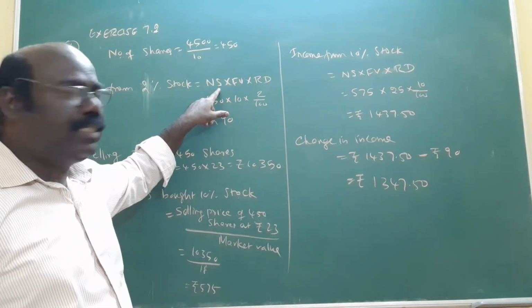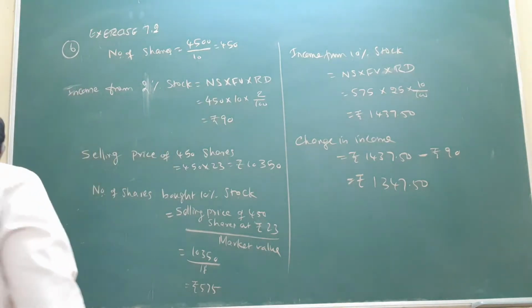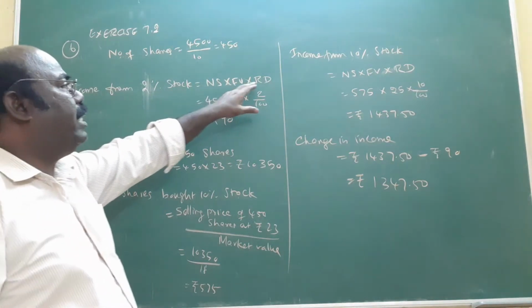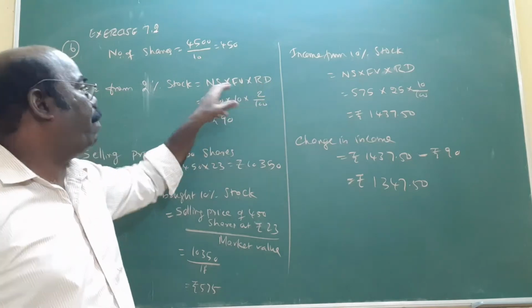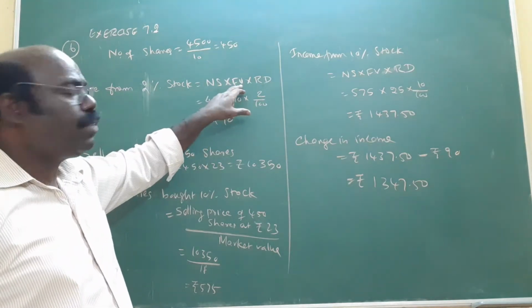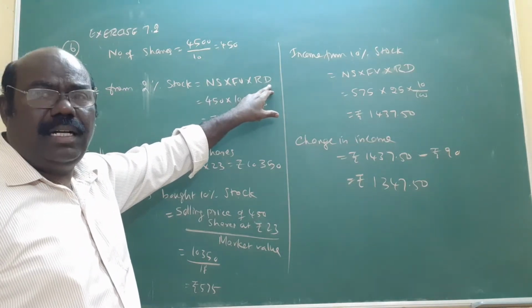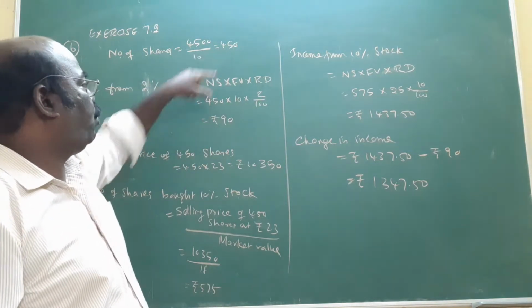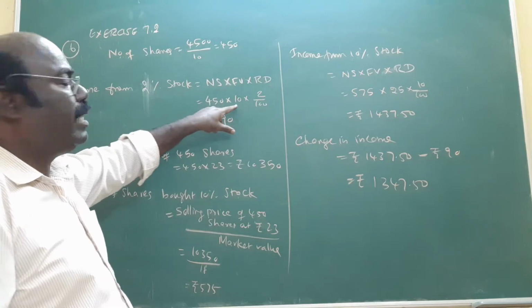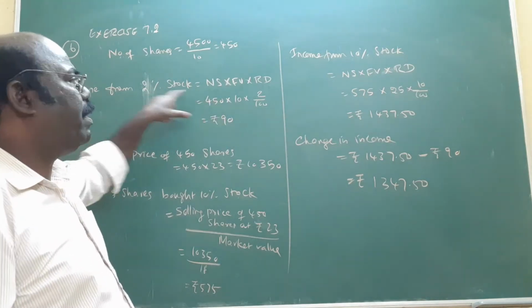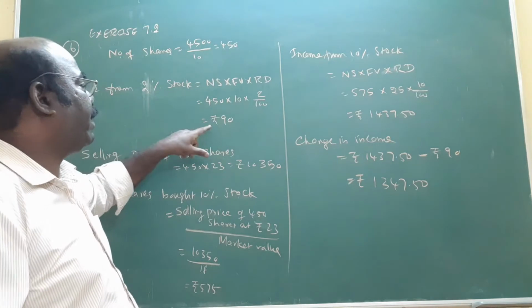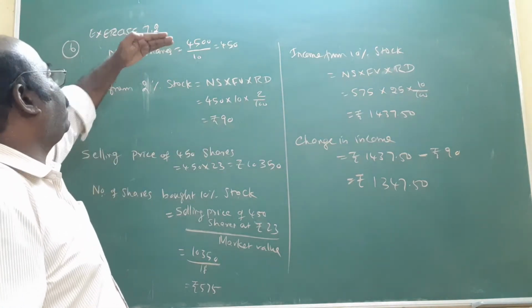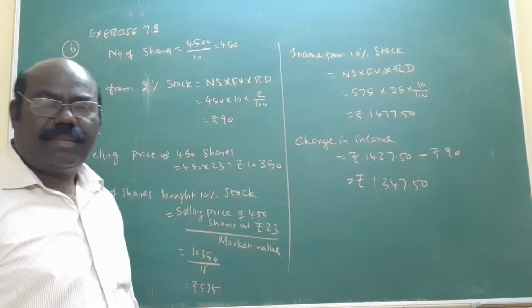Number of shares into face value into rate of dividend. Substitute number of shares 450, face value 10, already given, 2%. Cancel, we have 90 rupees. So the income from the first source is 90 rupees.